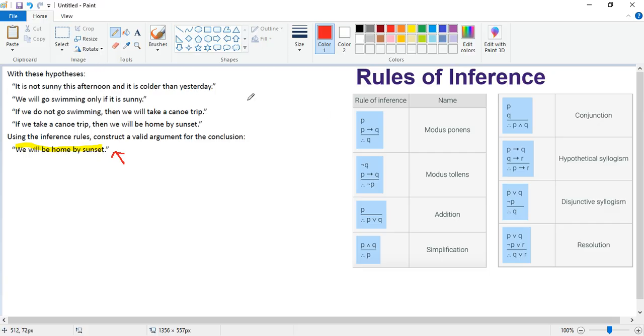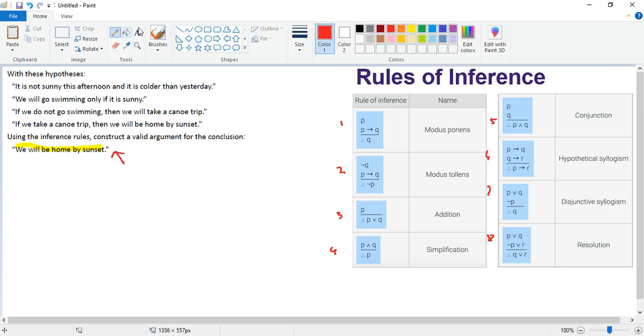To answer questions based on rules of inference, you need to know all these rules, one, two, 3, 4, 5, 6, 7. There are 8 inference rules, all of which you need to learn by heart because those are the rules which you will apply to make a valid conclusion.